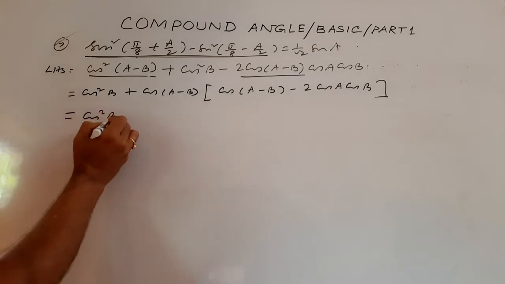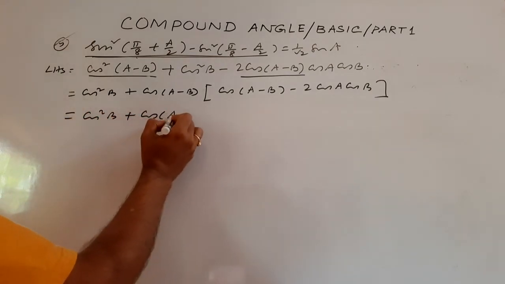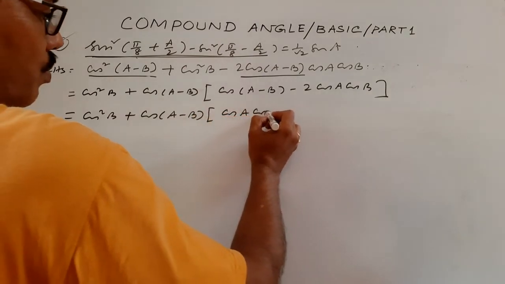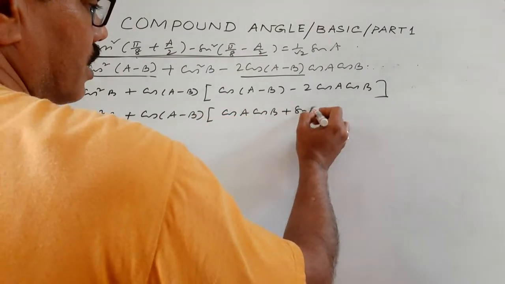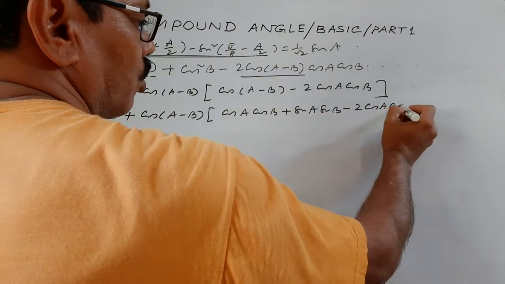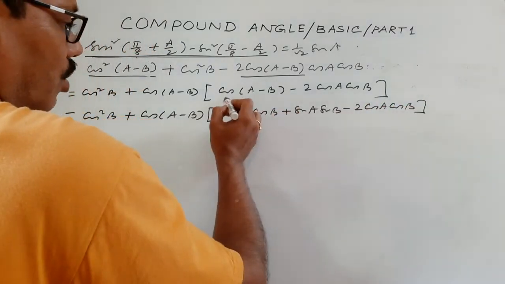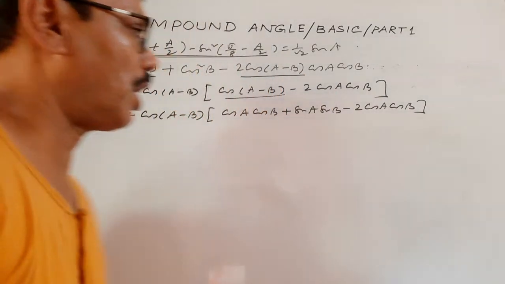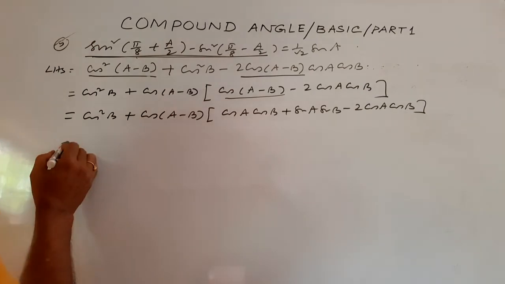Now cos square B unchanged. This is cos(A minus B). So cos A cos B plus sin A sin B minus 2 cos A cos B, the expansion of cos(A minus B). Now simplify the bracket portion.